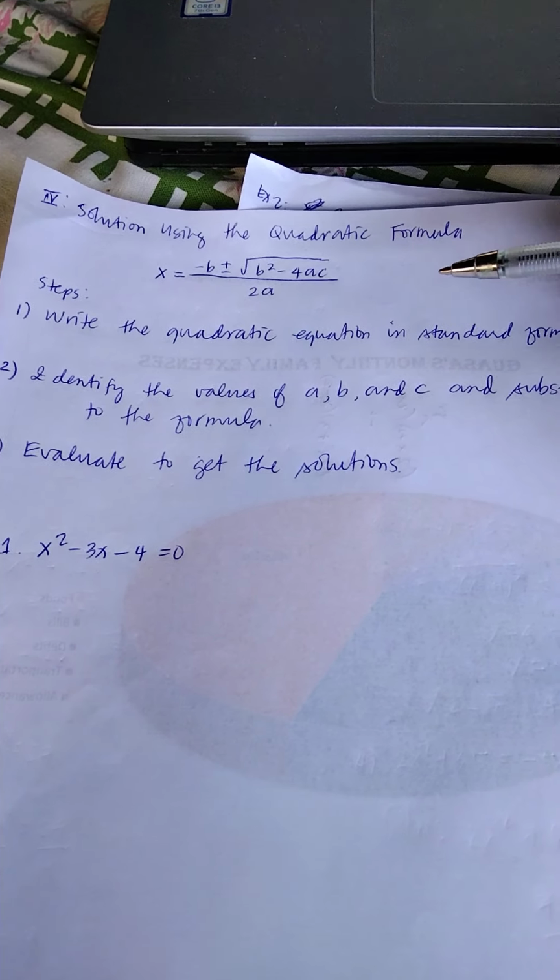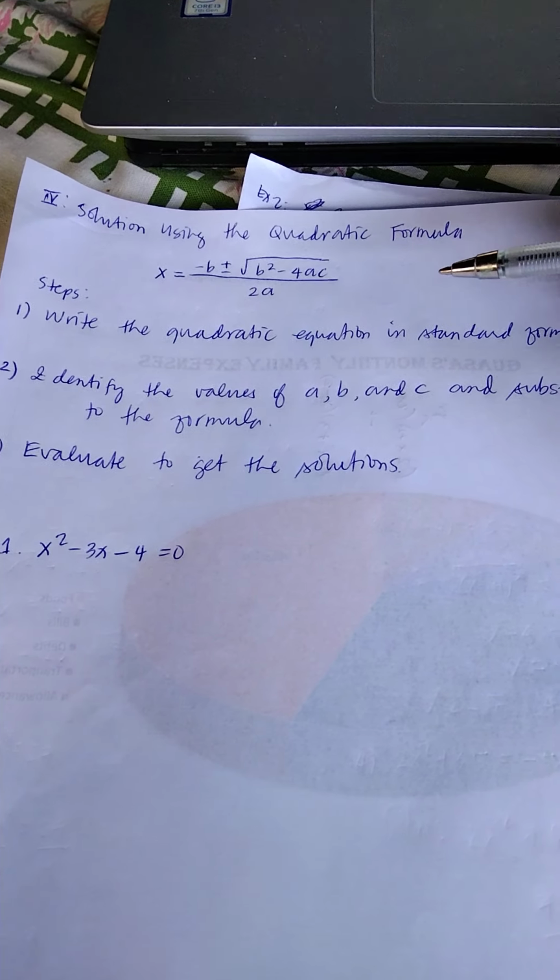All over 2 because 2 times 1 is 2. Okay, we continue. 3 plus minus, 9 plus 16 is square root of 25, all over 2. So x is equal to 3 plus minus, what is the square root of 25? That is 5, whole over 2.